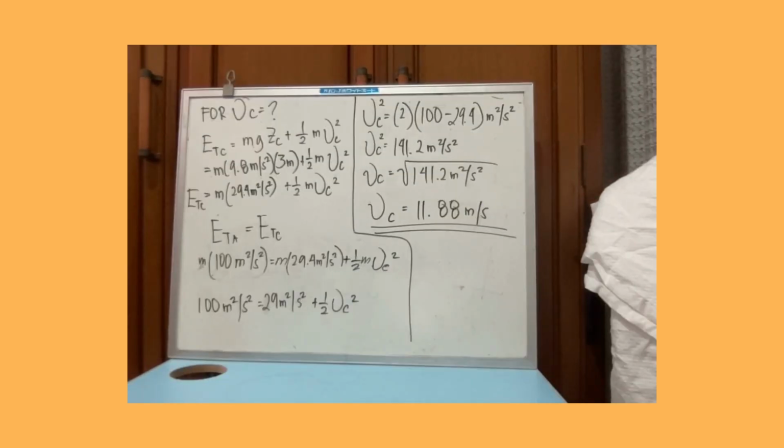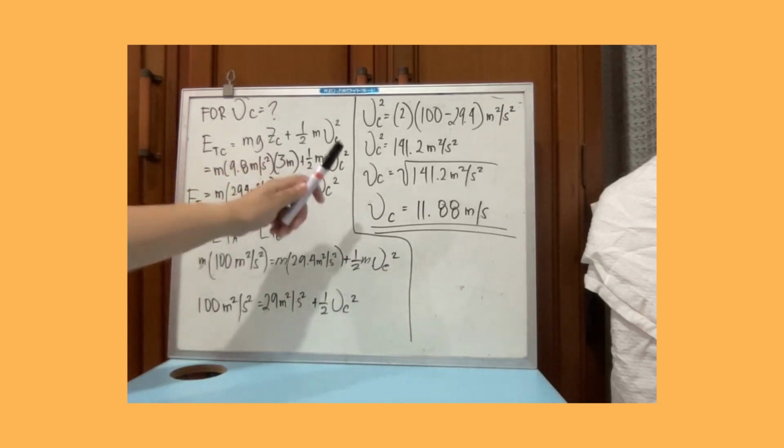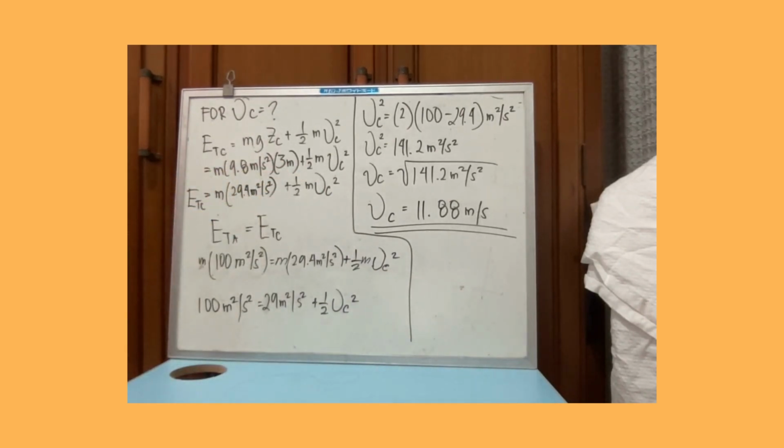Para masolve natin yung speed sub C, dapat natin hanapin yung total energy for point C. Ito pa rin yung formula na gagamitin natin. Since meron tayong value for gravity and height sub C, i-substitute natin yan sa formula natin.